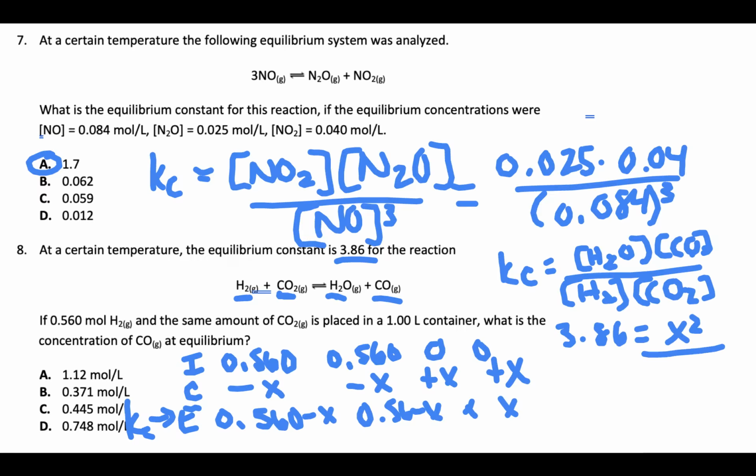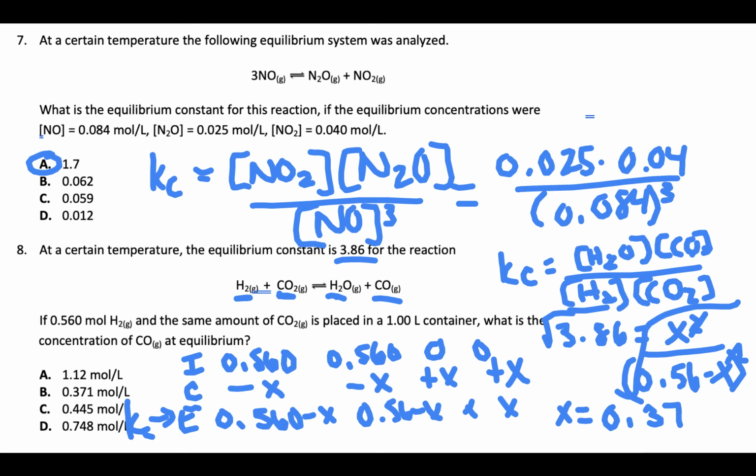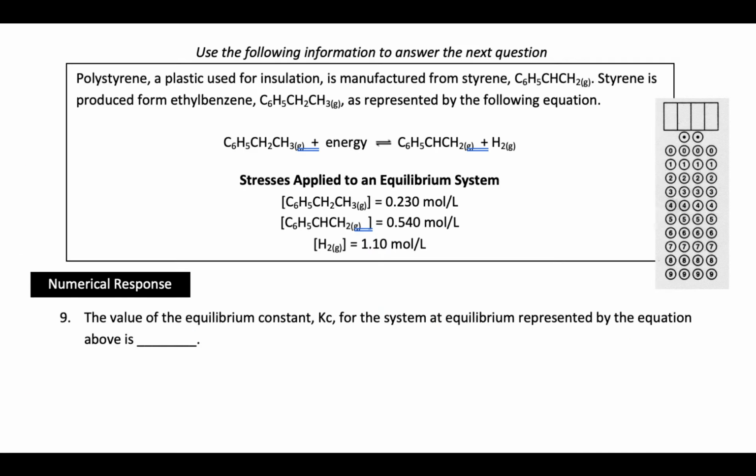Over each of these are both 0.56 minus x, and that is squared. So I'm going to do the math and solve for x. You would do that by taking the square root of both sides to cancel out the squared, multiply that denominator up, isolate x, and do all that work and find out that x equals 0.371. It's asking the equilibrium concentration of CO, and CO was my last x value, just x, so that would be your answer, which is B.